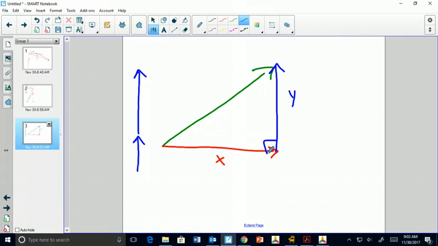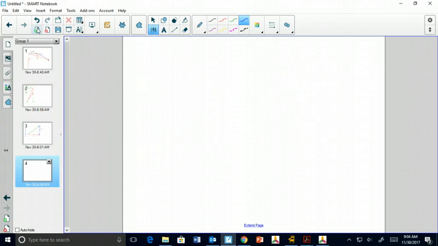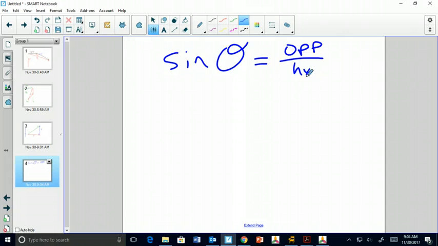Flip over onto page 126 and 127 for me, if you would. They're giving you that brief reminder about trigonometry. That sine of theta, how do I find sine? Good. Opposite over hypotenuse.